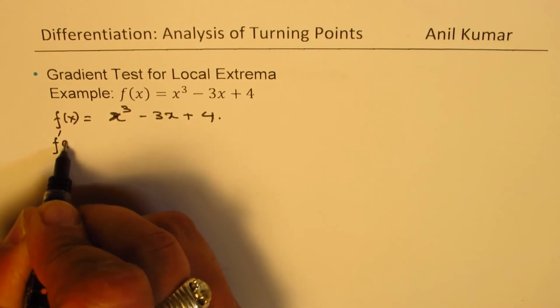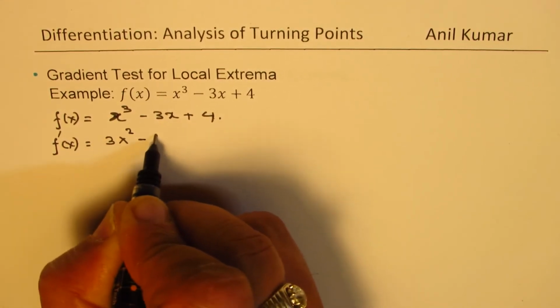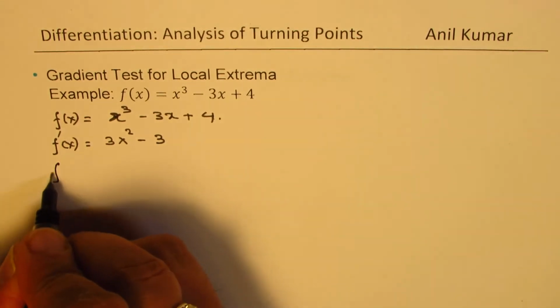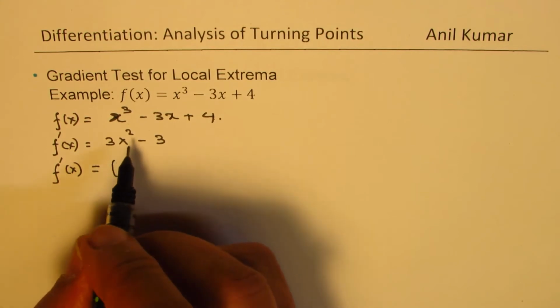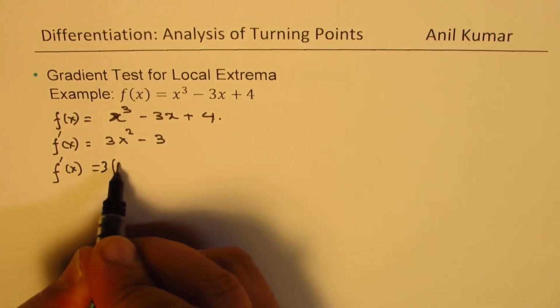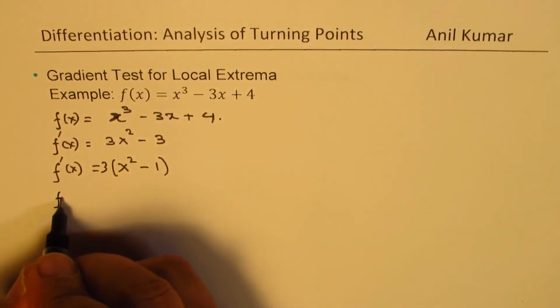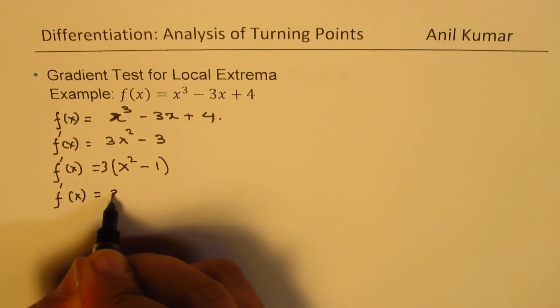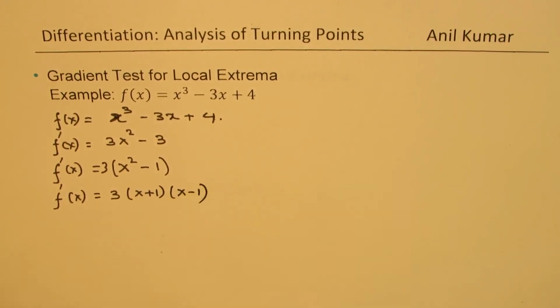The derivative of this function was 3x squared minus 3. So this derivative gave us two turning points. I mean, we have not really concluded that. But we say, well, the turning points could be at plus and minus 1, right? So I could write this as 3 times x plus 1 times x minus 1.